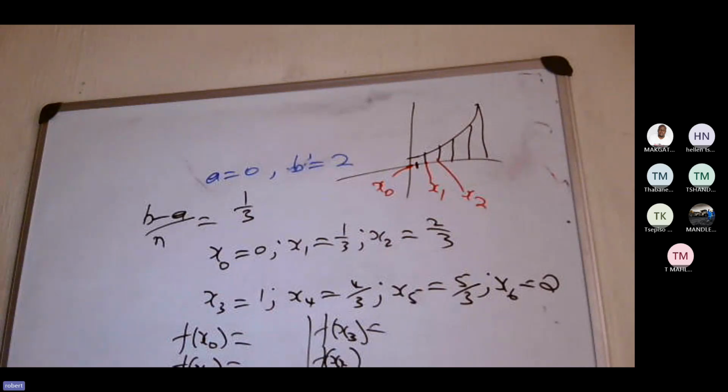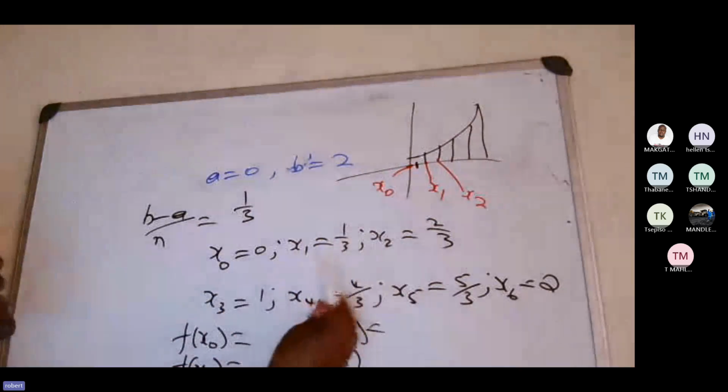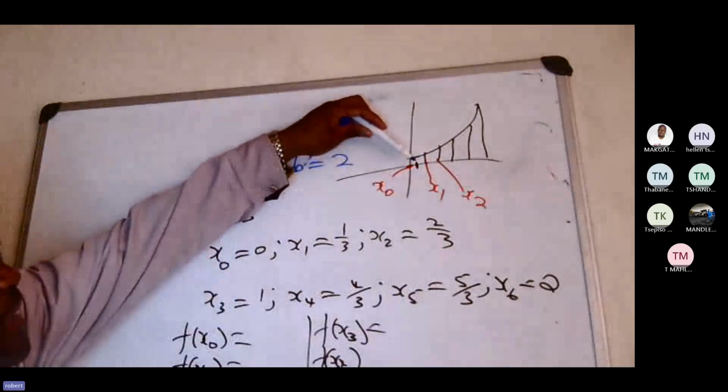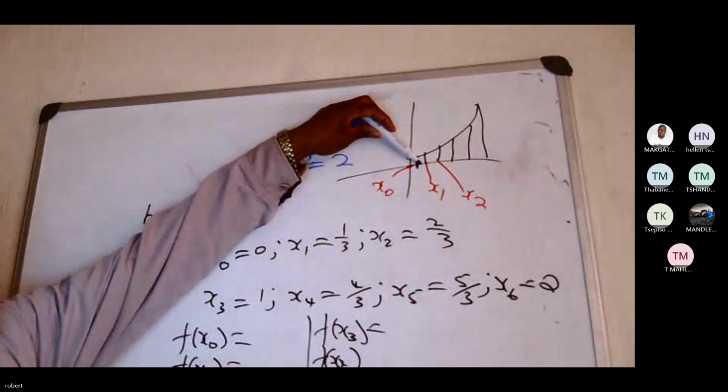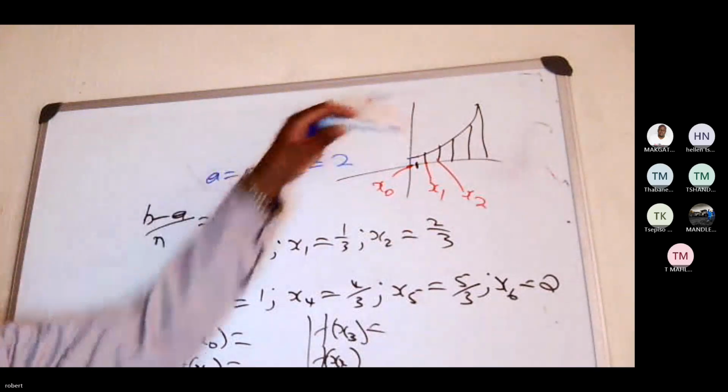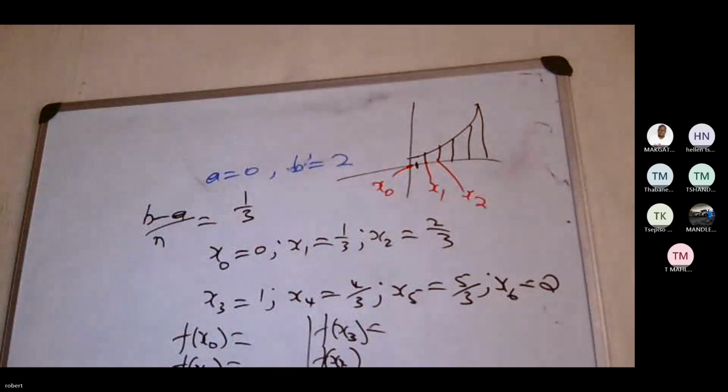You are now going to say, what is the midpoint of this one and this one? What is the midpoint here? Then you know how to find a midpoint. How do you find a midpoint? It will be the sum of the two divided by 2.